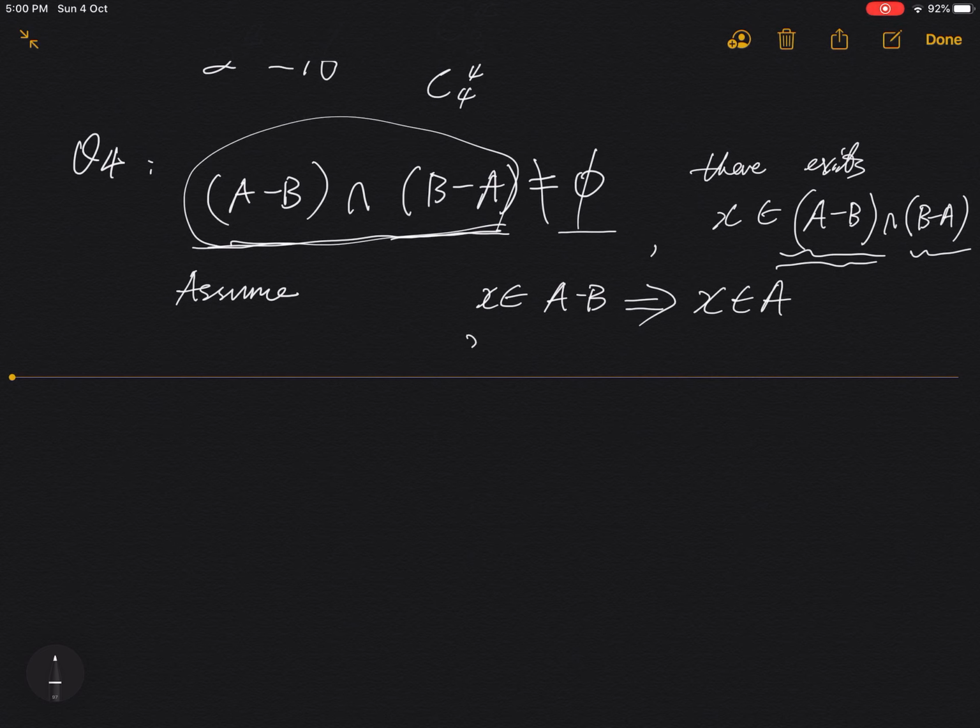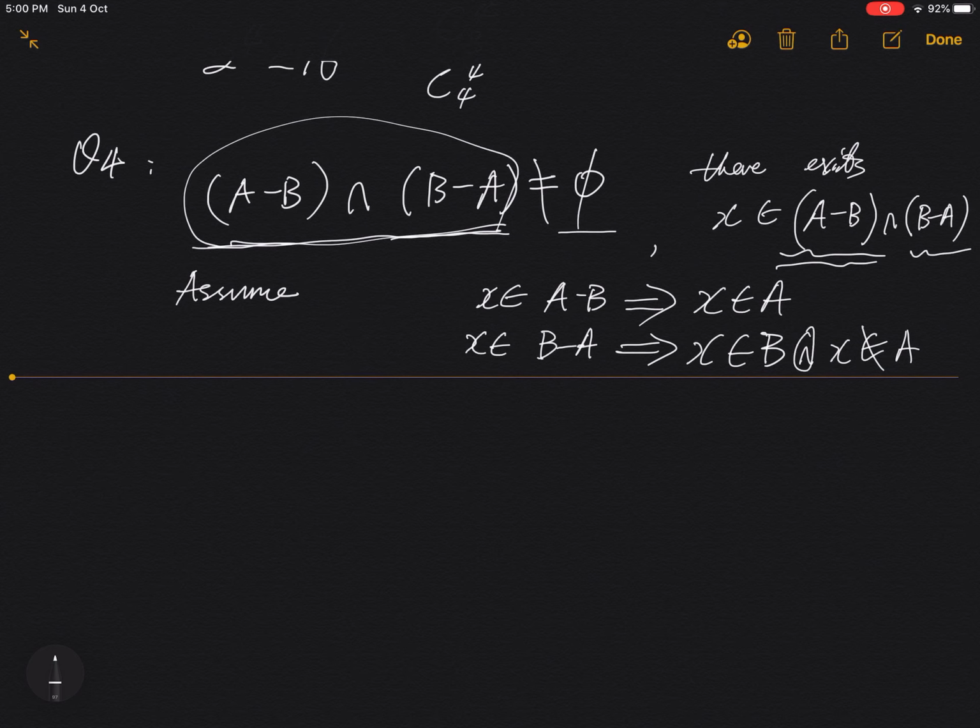And also for the situation X is in B minus A, this also means X belongs to set B, and X is not in set A.